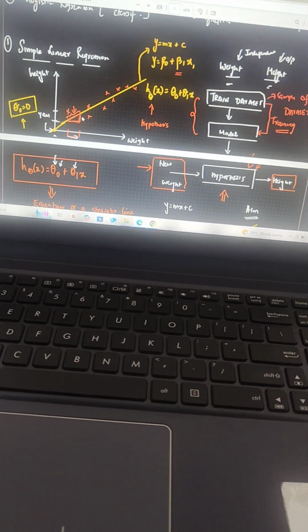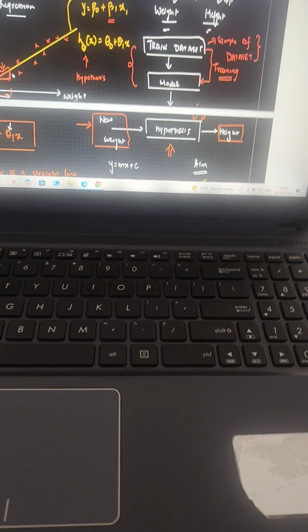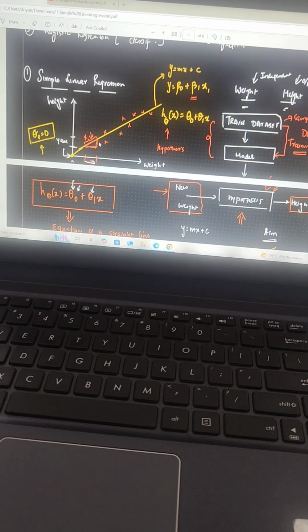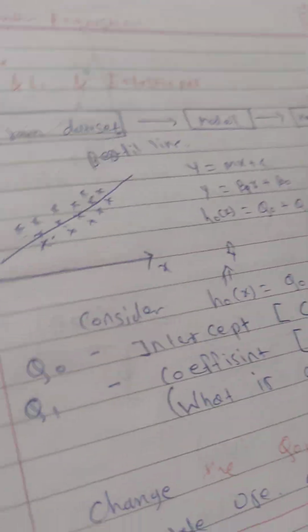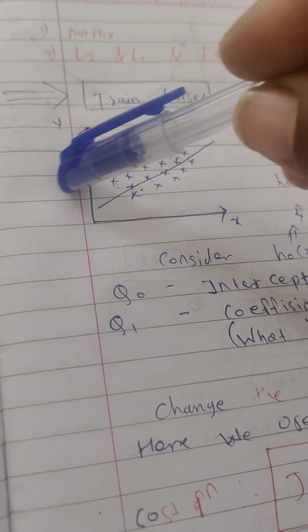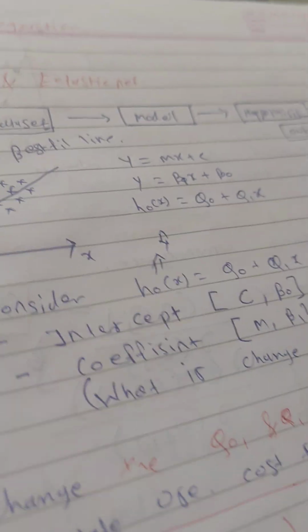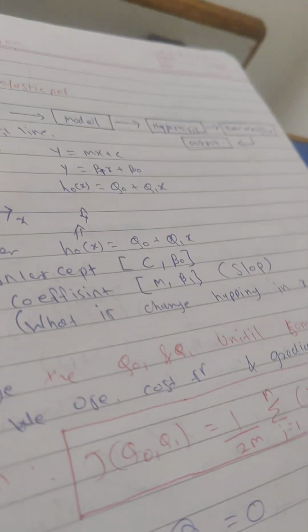In linear regression our main task is to find the best fit line. The final aim is to find this best fit line. How are we going to find it? In the upcoming process you will completely understand how it is found.